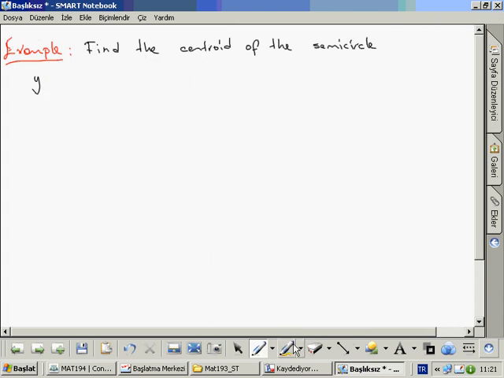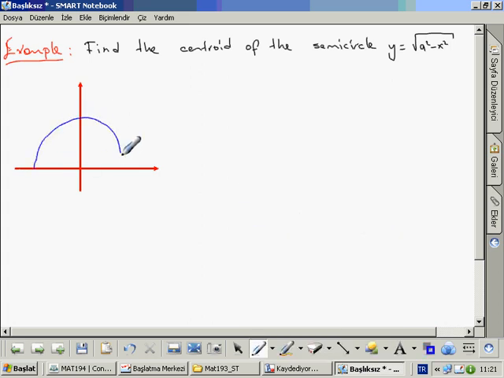So y equals, I'm sorry, y equals the square root of a squared minus x squared. This is our semicircle, from minus a to a, and again it will be on the y-axis.